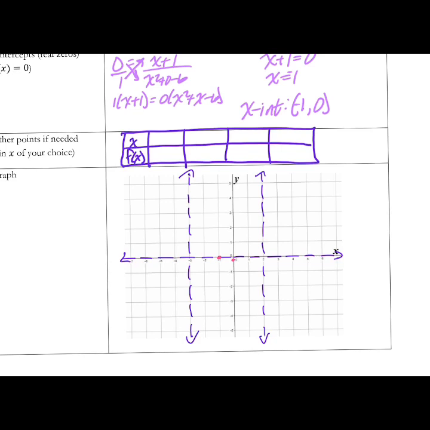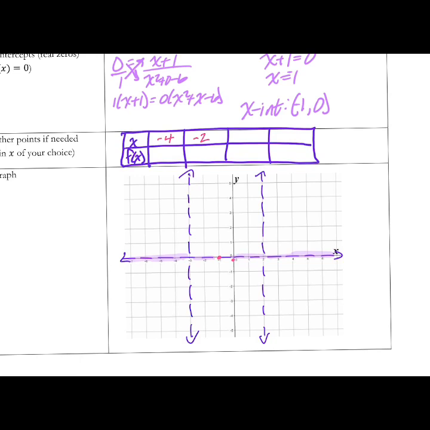So now we need to choose values again to find other points, to find out what my graph is doing. So I'm going to choose one in this area, and I'm going to choose one in this area, and I'm going to choose one in this area, and I'm going to choose one in this area. Okay, so here we go. I'm going to choose negative 4 again. Again, I'm going to choose as close to the asymptote as I can.